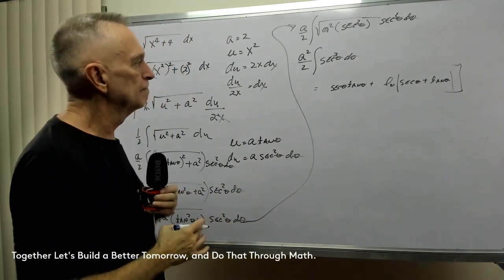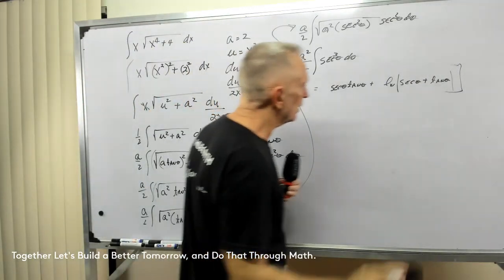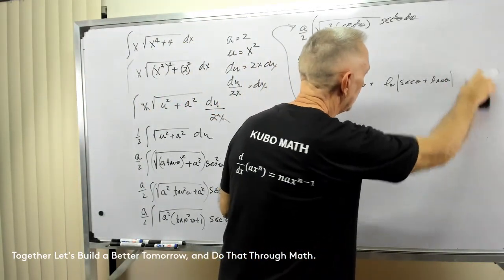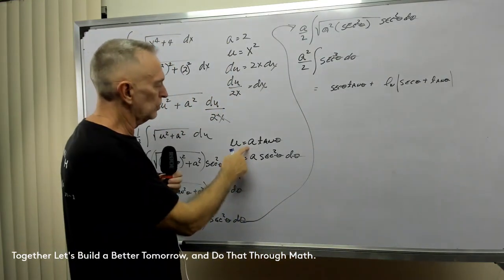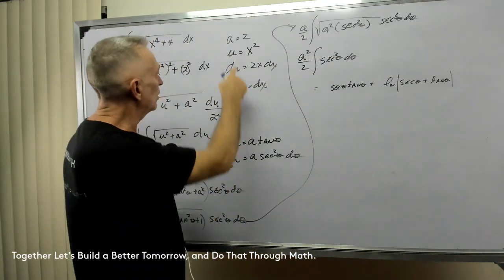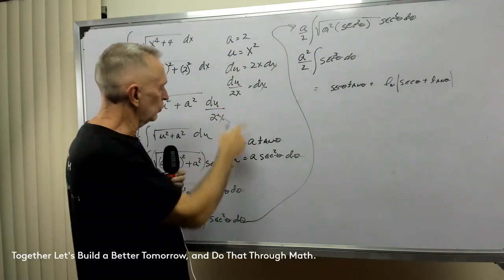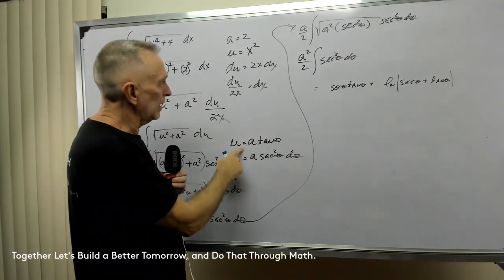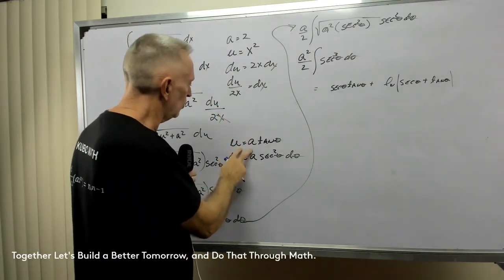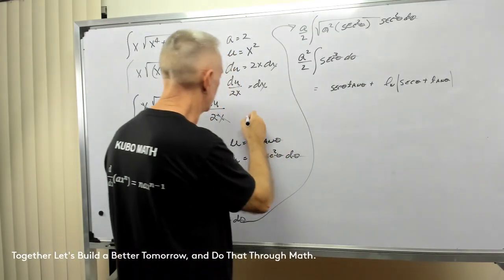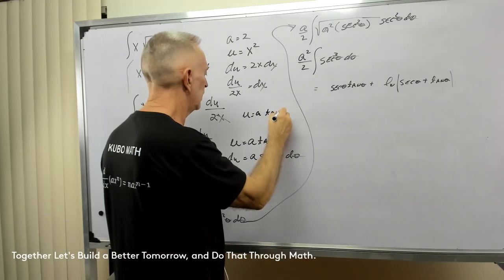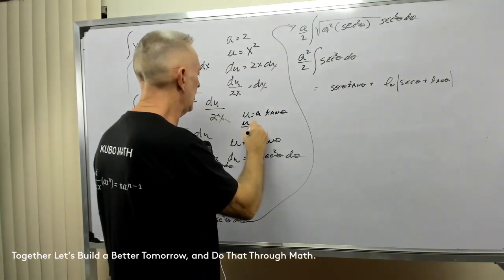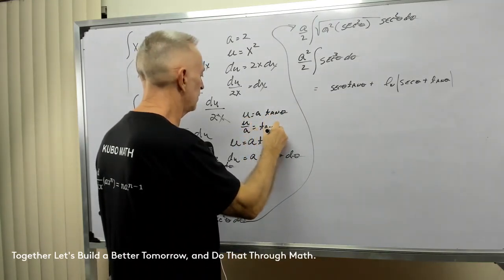Okay, so what is theta? How do we get that guy? Well, if we back up to here, we had u equals a tangent theta. Now I know I've renamed u as we went along, but right now u equals a tangent theta. So u over a equals tangent theta.